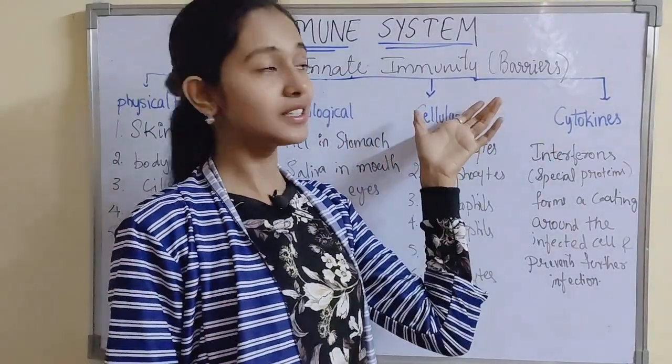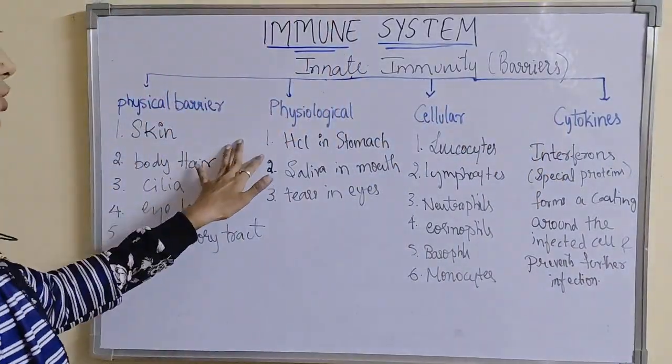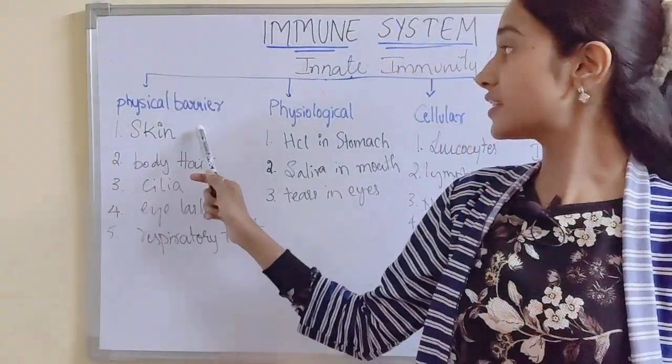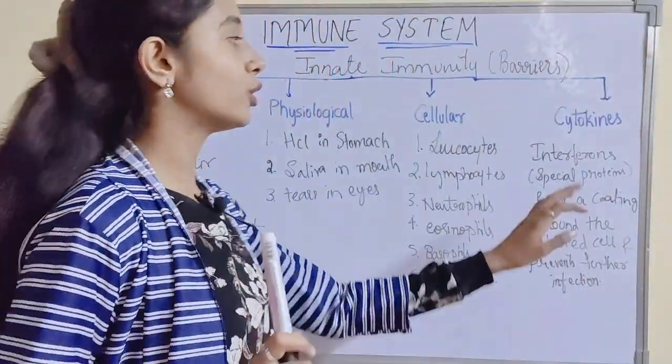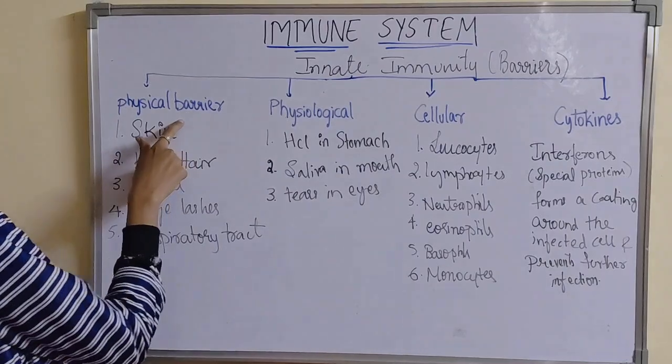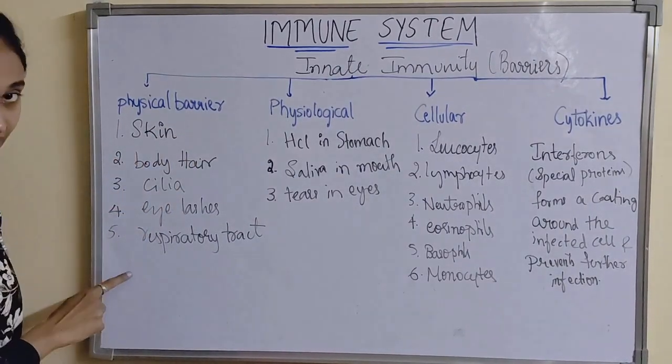Okay, let's go in detail about innate immunity. We'll talk about the barriers. There are 4 types of barriers. Those are physical barrier, physiological barrier, cellular barrier, and also cytokines. Okay, in physical barrier, there is skin, body hair, cilia, eyelashes, and respiratory tract.